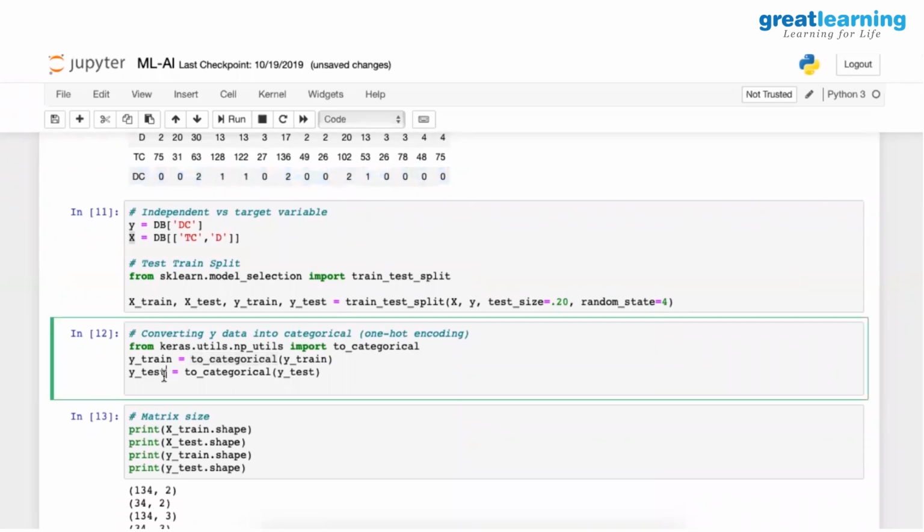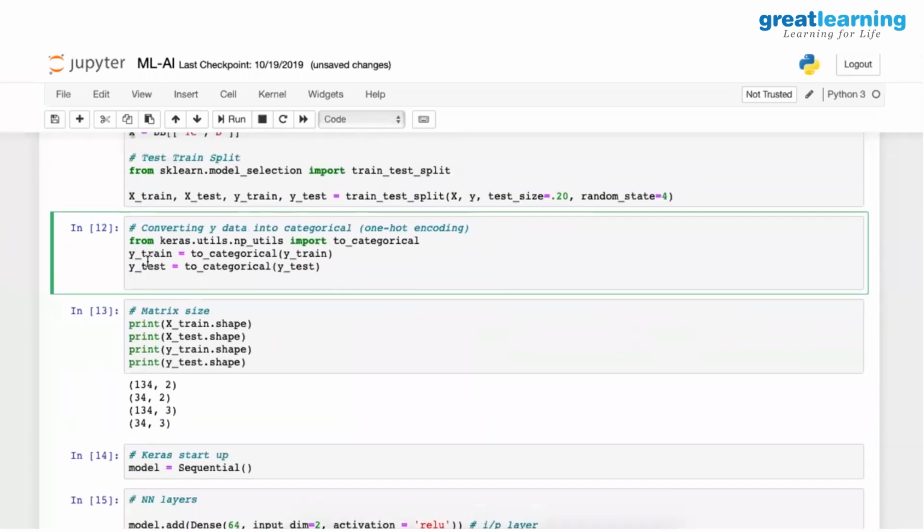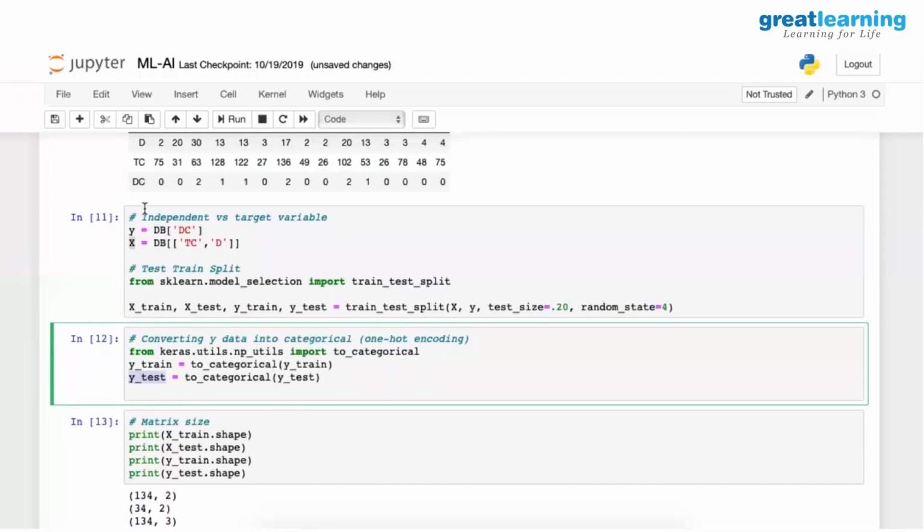So please be careful. The Y of each and every data point in your data set should be categorical, whether it is test or train. You can either do it before the split or after the split. After the split, the only issue, which was my mistake here, is that you have to write 2 different lines. If I had done it earlier, 1 line would have been enough to categorize.